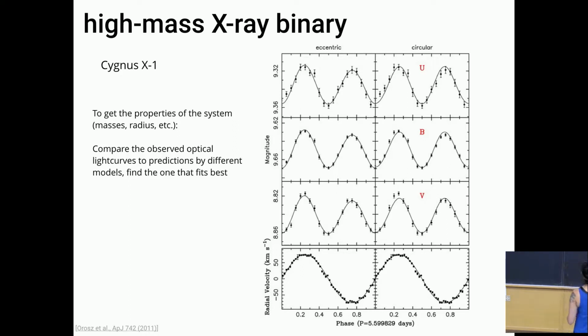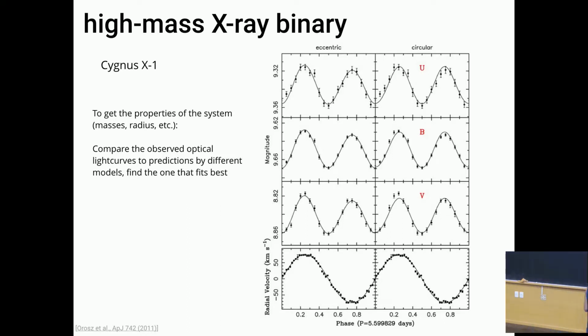So what you're seeing on the right-hand side, the first 3 rows, these are just the brightnesses at different frequencies, basically, or the brightnesses at different optical bands. And what you're seeing is how the brightness changes over one orbit. Because what's happening is sometimes they get closer, and then you get extra material, and then it brightens, it gets farther away, and then there's less material, and then it dims again.